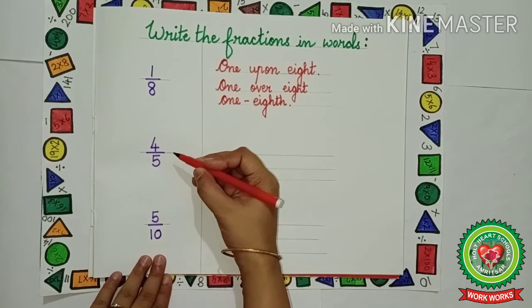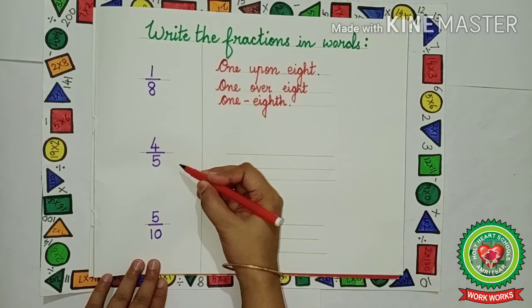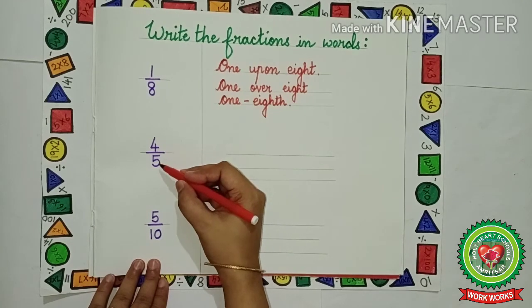Let us take the next example. How do we write this fraction in words? First of all, we will write it as 4 upon 5.